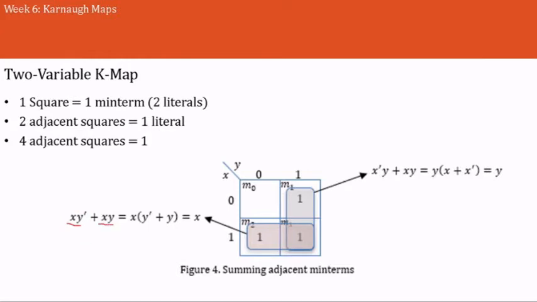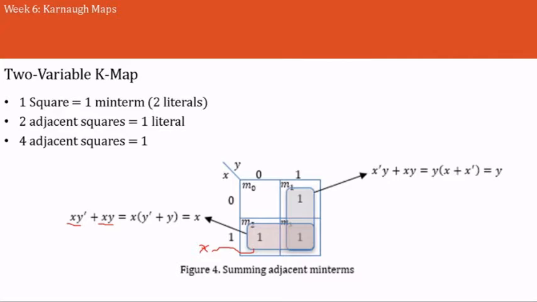So what is common to these two terms? Both of them are x, but they are different in y. So we cancel out y because they have different y, so what is left is x. Therefore, minterm 2 and minterm 3 is equal to x.